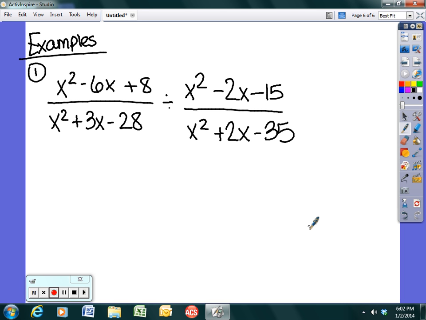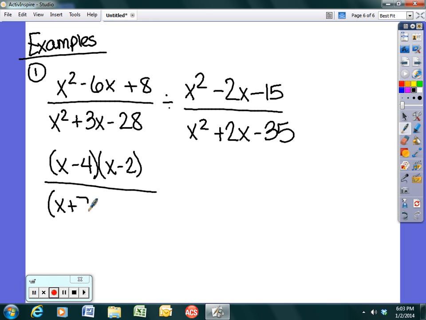Now that you factored each trinomial on your own, let's see what we ended up with. X squared minus 6x plus 8 should have factored to be x minus 4 times x minus 2. X squared plus 3x minus 28 should have factored to be x plus 7 times x minus 4.